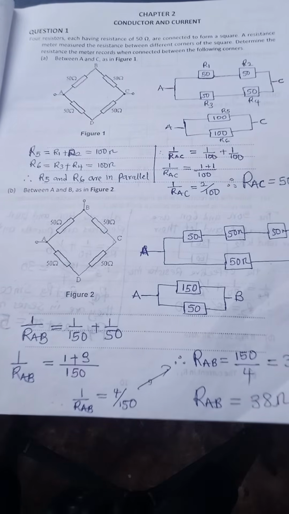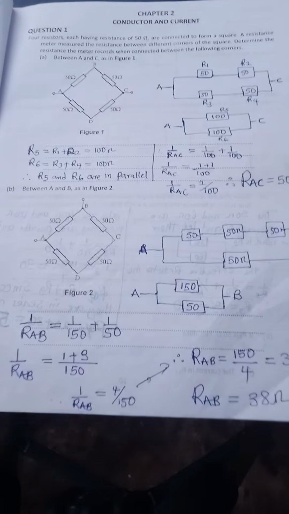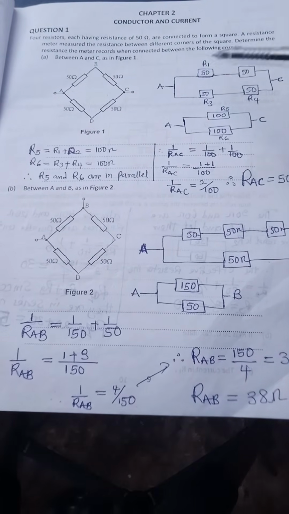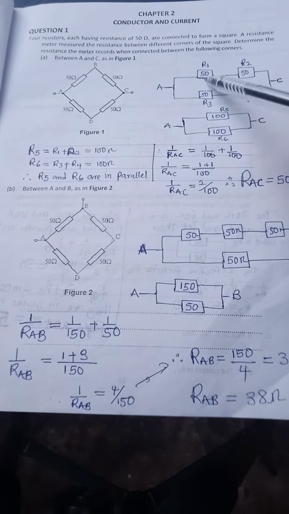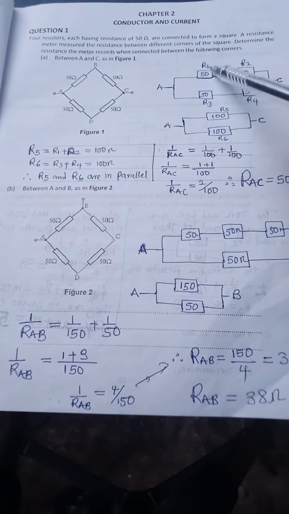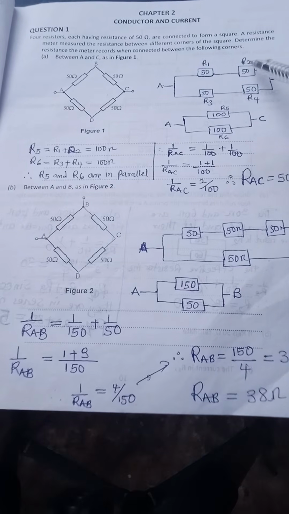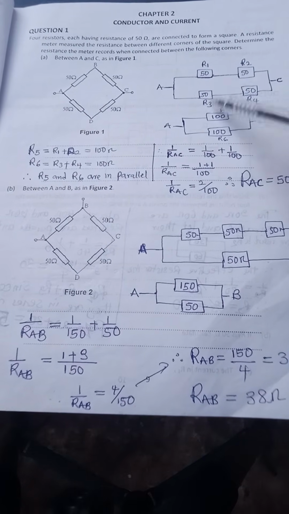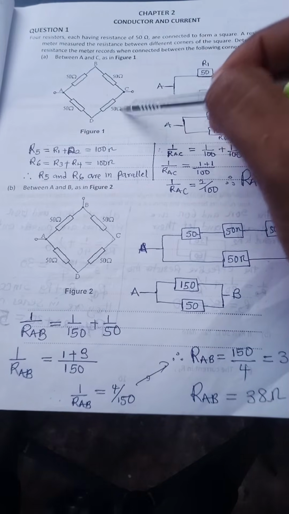Now, if you want to solve this, you find out that in this diagram, I try to reduce this diagram, making this one R1, which is 50. This is R2, 50. And this is my R3, 50, R4. You can see them 1, 2, 3, 4 here.